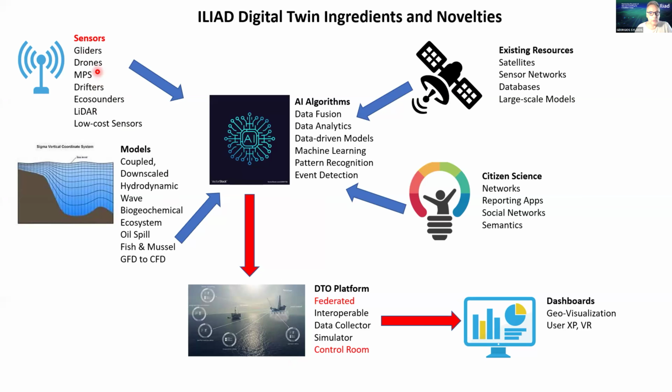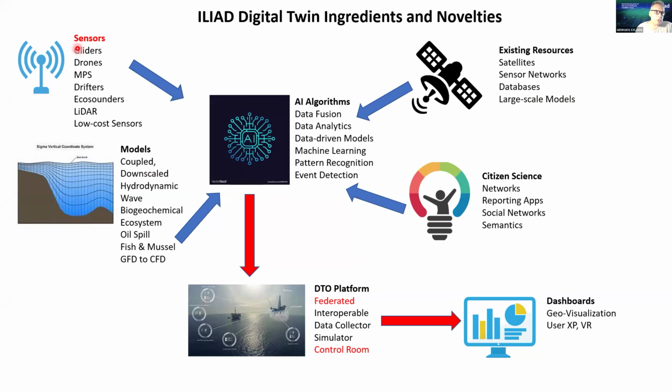We have the sensors, we have the models for the forecasts, we have the AI algorithms, then we have the utilization of existing resources like satellites and external databases, the citizen science, and all these lead to a platform formulating a constellation of digital twins, acting as federated digital twins, and the user experience is at the end of this loop, where the user can see the output of the twin.